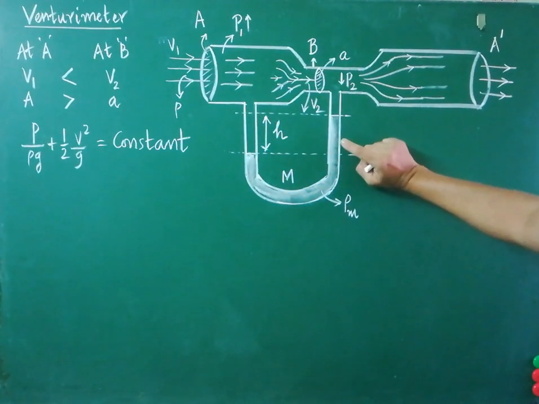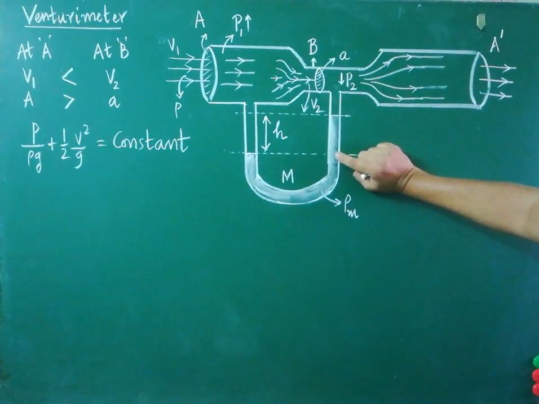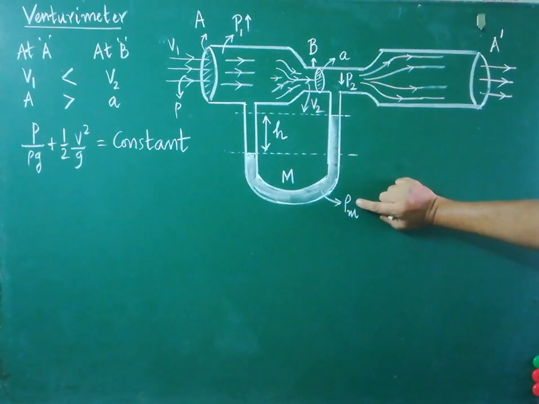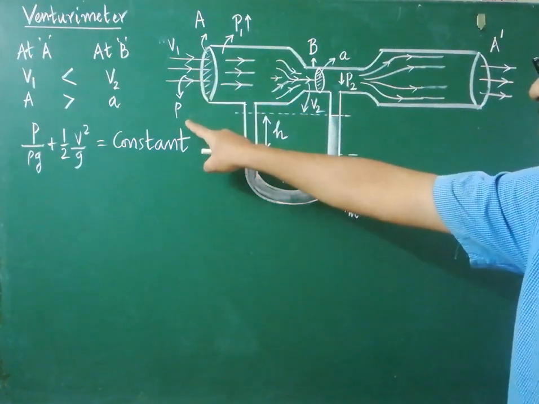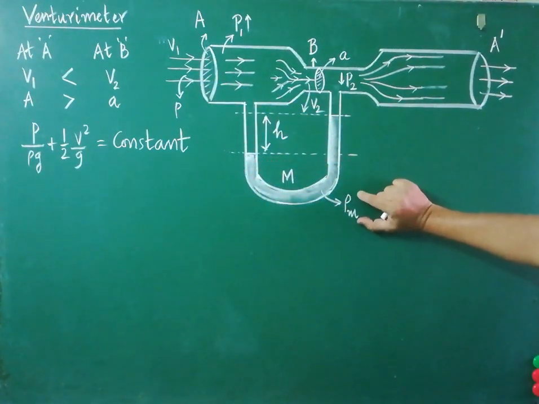Within the manometer you can fill mercury or some other liquid. Usually mercury is used as the manometric liquid. The density of the mercury is taken as rho m, the density of the liquid as rho.